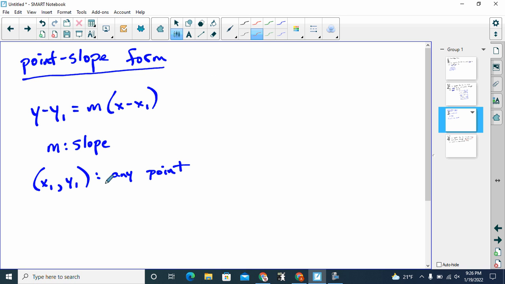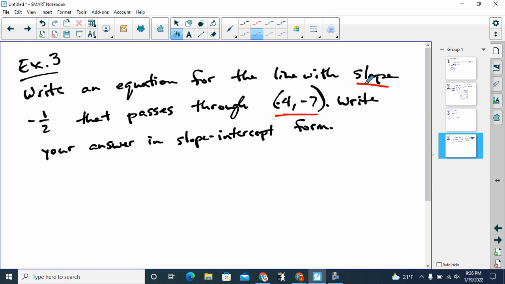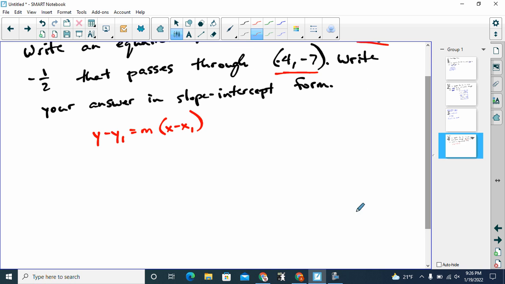Any test or quiz I give you, it will say right on there point-slope form, and it will give you the formula. You just need to know when to use it. So because I have a point and a slope, the first thing I'm writing down is my point-slope form. Y minus y1 equals m times x minus x1.